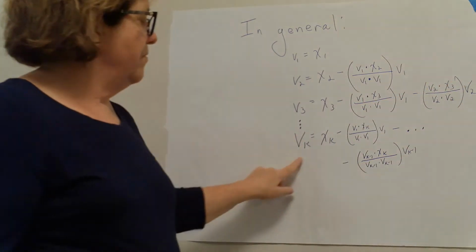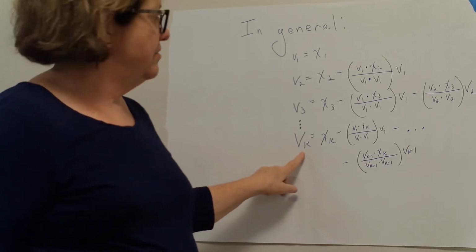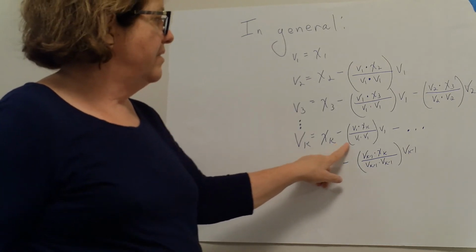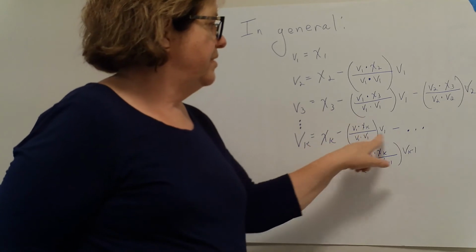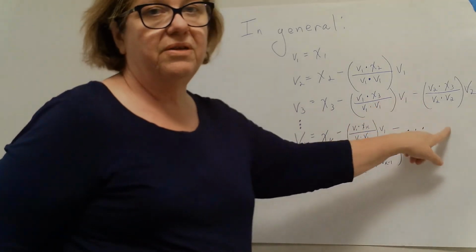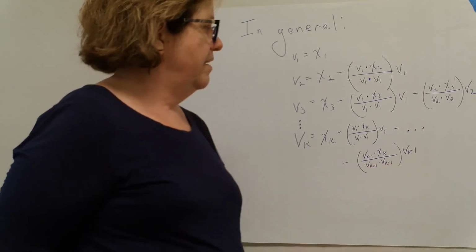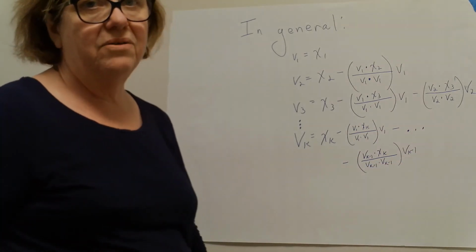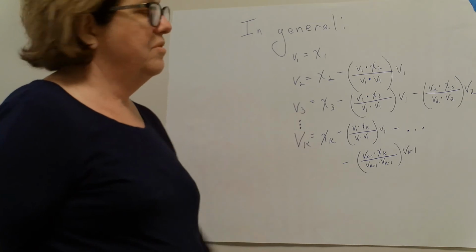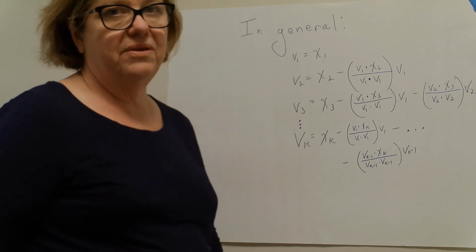So you keep going until your last vector, vk, is xk minus the projection on v1, minus the projection on v2, minus the projection on v3, until you get all the way up to v sub k minus 1. So this is the Gram-Schmidt orthogonalization procedure.